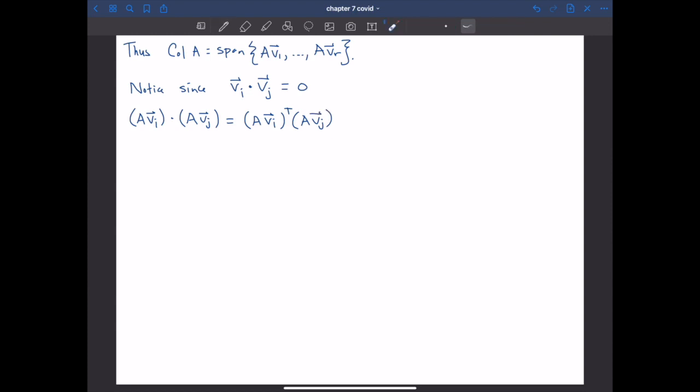Okay, and then I can bring this transpose in by swapping the order. So this becomes Vi transpose times A transpose times A times Vj.